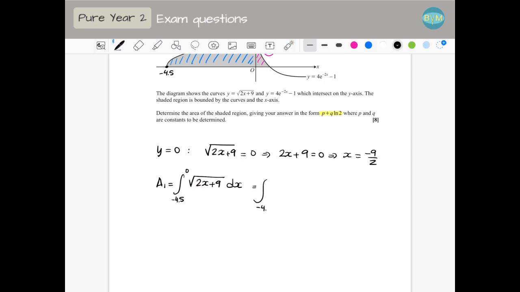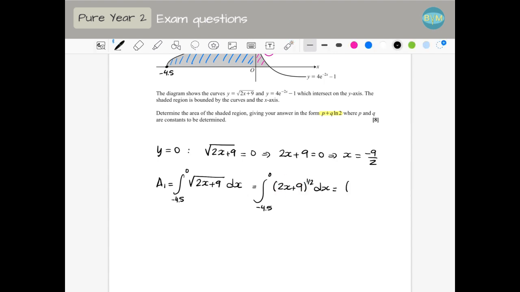So I'm going to write it as 2x plus 9 to the power of 1/2, because it's going to help us. I have a function to the power of 1/2, and the derivative of the function is going to be a constant, so it's very easy to adjust. So it's going to be this to the power of 1 more.